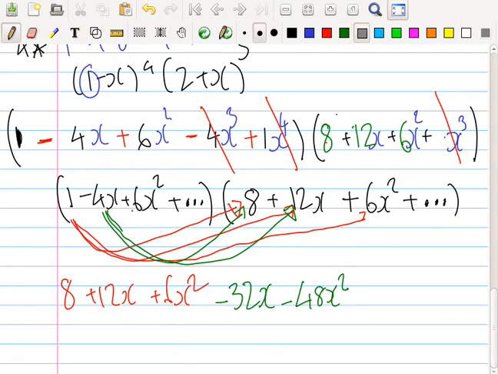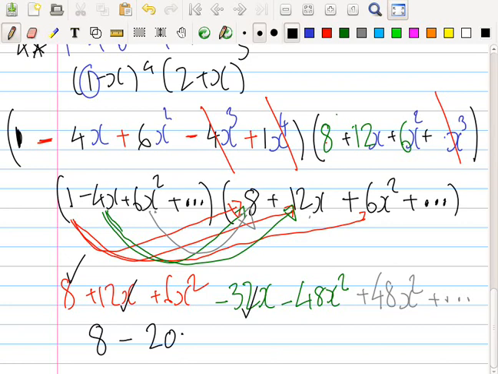Next, 6x squared multiply 8, plus 48x squared. 6x squared multiply 12x, don't need it because what will it make? Cube. So then I just have plus blah blah blah. Alright, let's clean it up. 8 is just 8. 12x minus 32x is minus 20x.